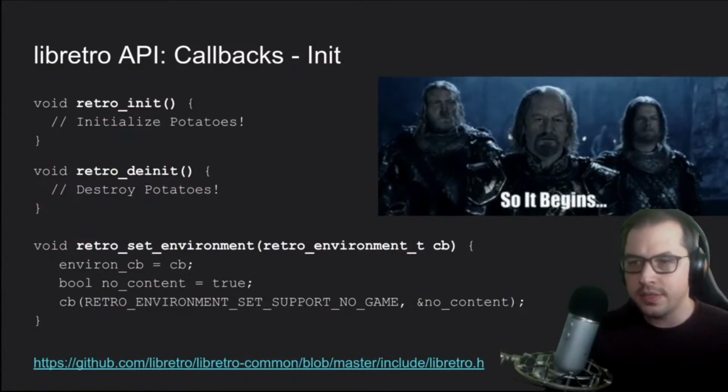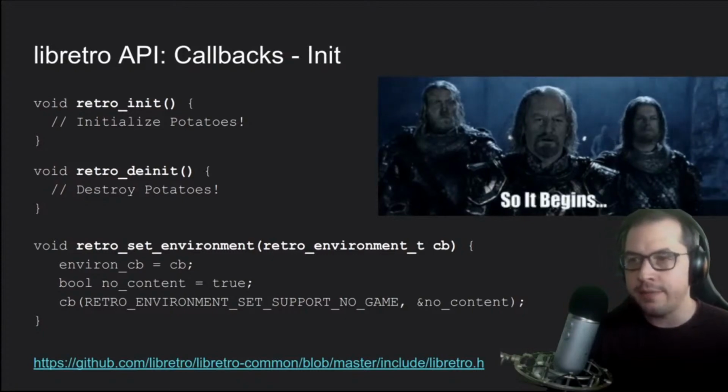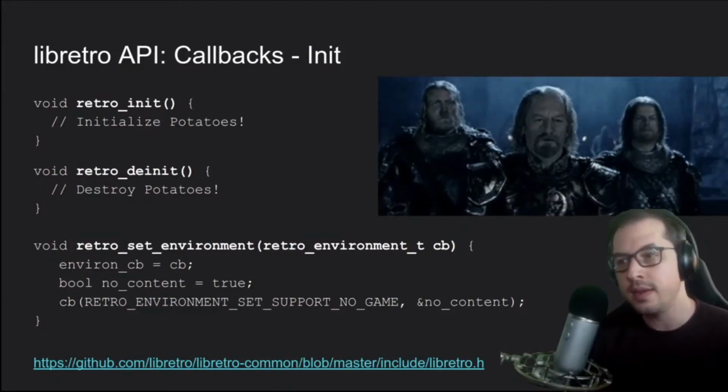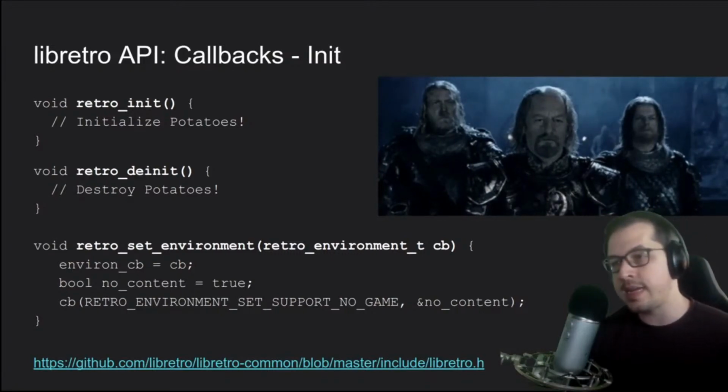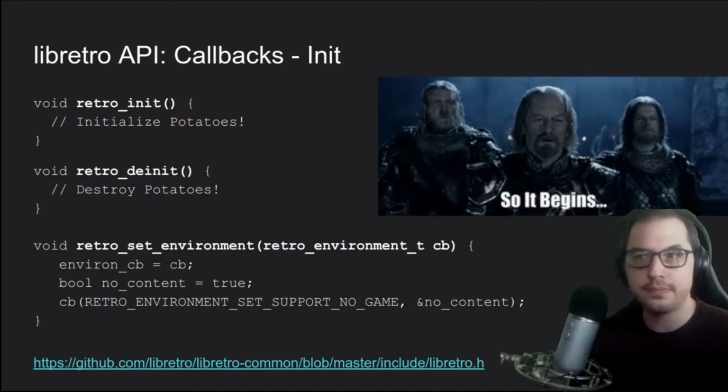And there's also an environment callback that's called as well. retro_set_environment will send you an environment function that you can call to grab information from the front end. In this case, we are setting that the core does not need a game to load. So we'll just run the core.